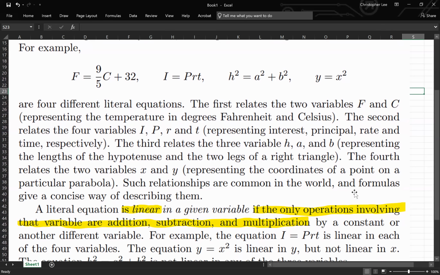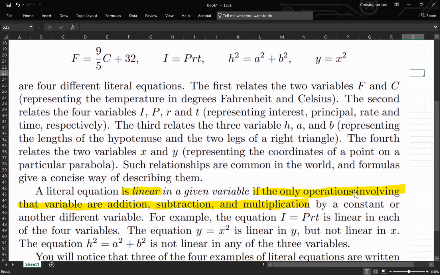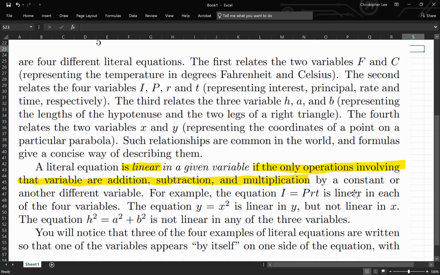The equation Y equals X squared is linear in Y, but not linear in X because of the square on it. The equation H squared is equal to A squared plus B squared is not linear in any of the three variables. You will notice that three of the four examples are written so that one of the variables appears by itself on one side of the equation.